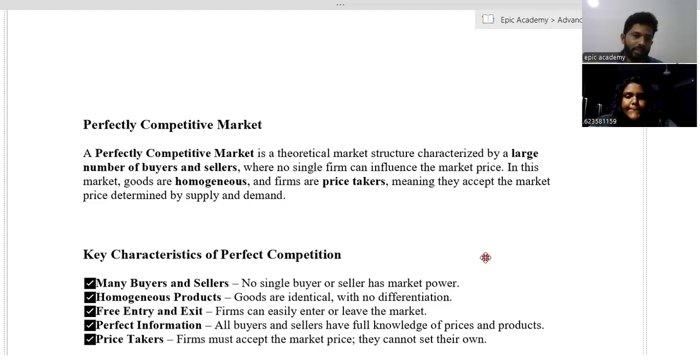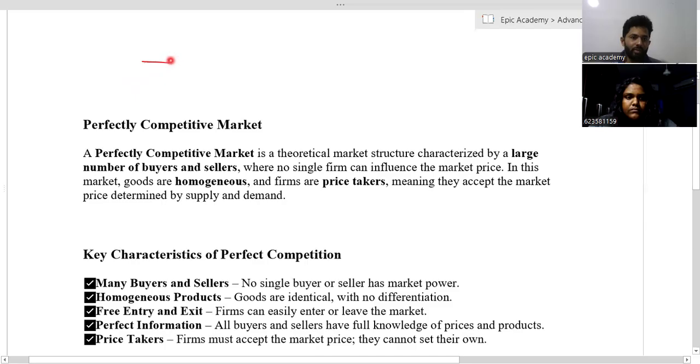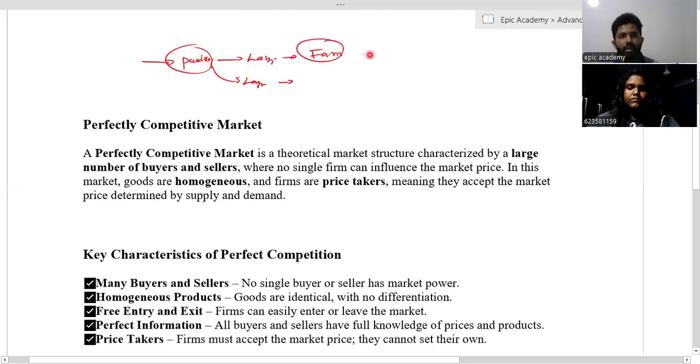As an example, just consider the production of paddy in Sri Lanka. A large number of sellers are there, isn't it? Yes. Now, a large number of buyers also are there. One farmer cannot change the price of 1 kilo of paddy, isn't it? Yes. That's the meaning of no single firm can influence the market prices.